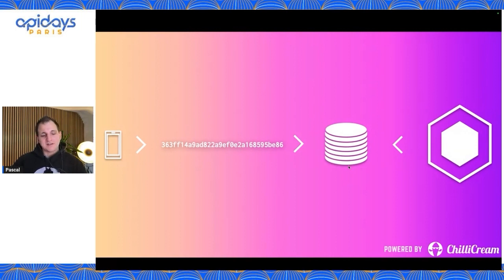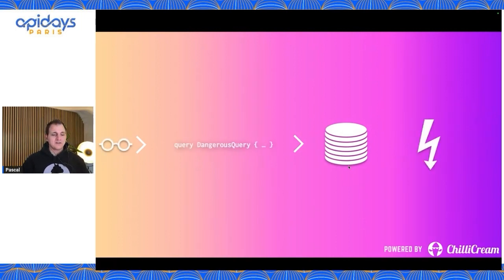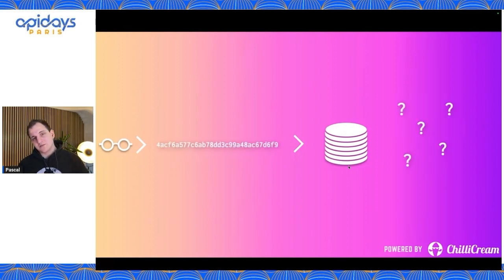The nice side effect now is that when you have a malicious attacker that sends a dangerous query to your server, the server can just say, I don't accept queries with bodies, I only accept queries with query IDs, so persisted queries. And even if the attacker hashes the query and sends the hash, the server doesn't even know what to do with it because it cannot translate the hash back to the document, and the schema registry doesn't know this hash.